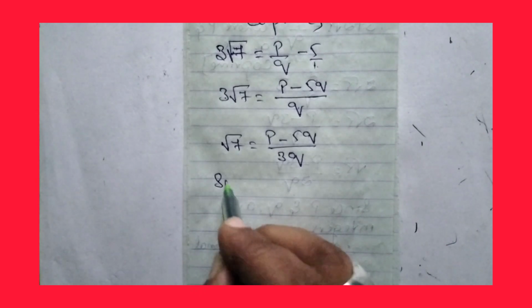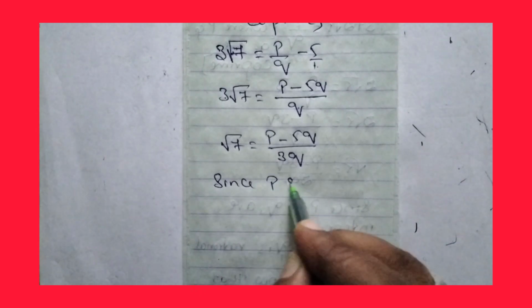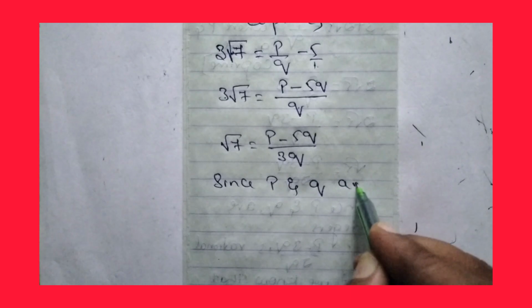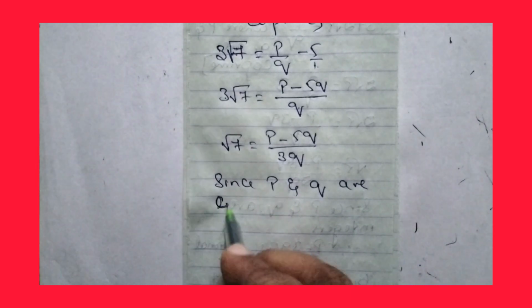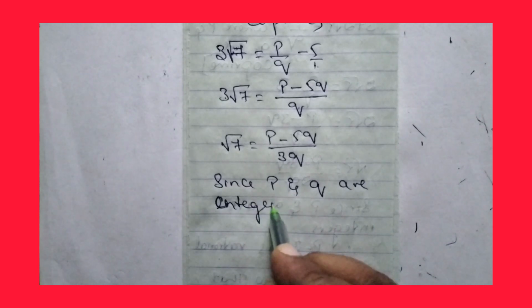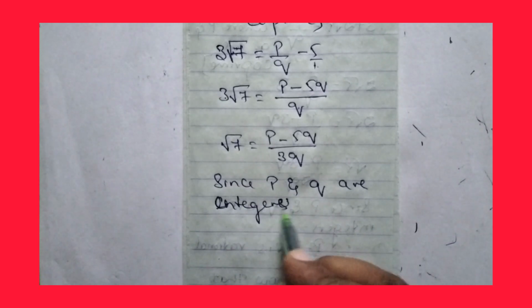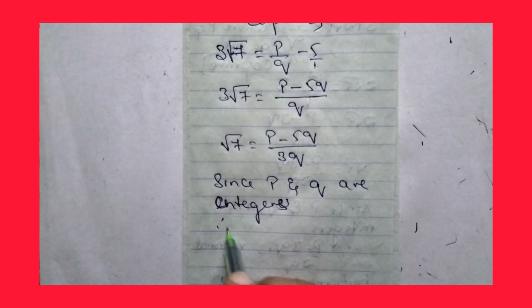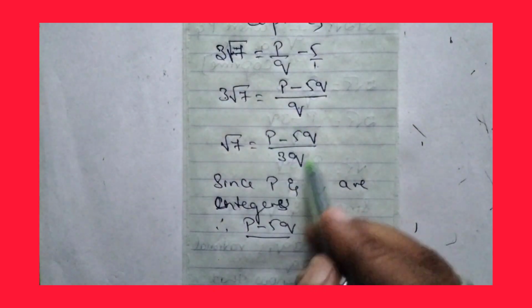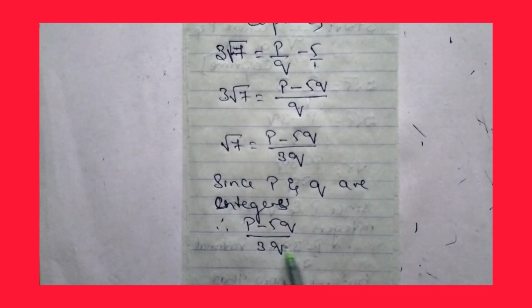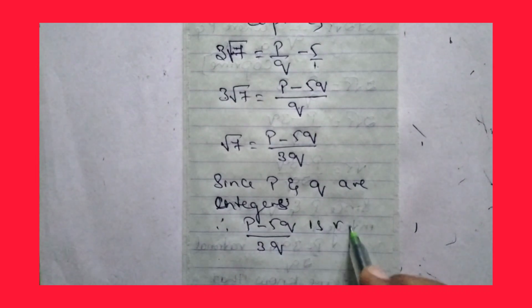So now since P and Q are integers, therefore P minus 5Q divided by 3Q is rational.